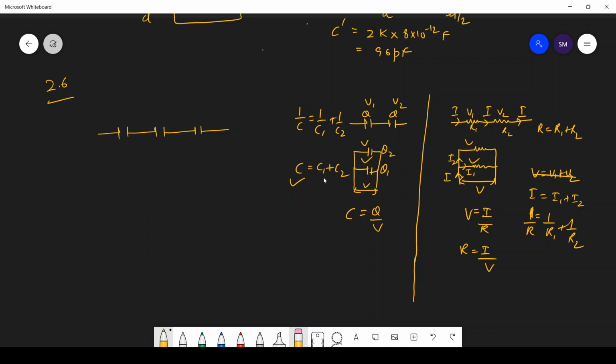So capacitance for parallel, C is equal to C1 plus C2. So this formula is reversed, right?